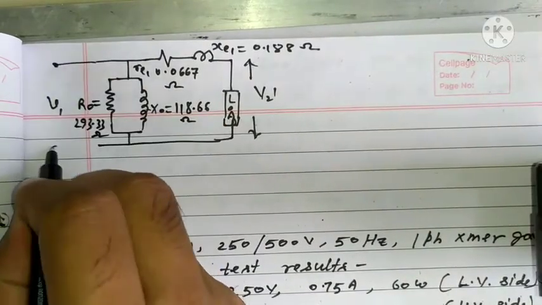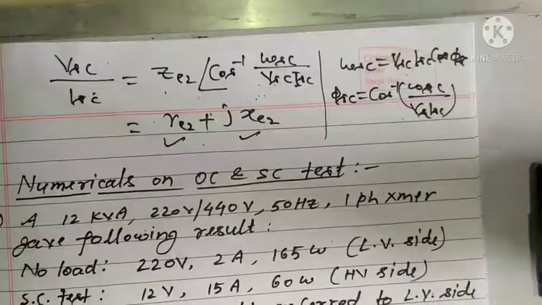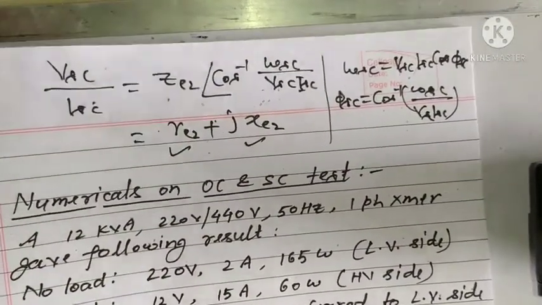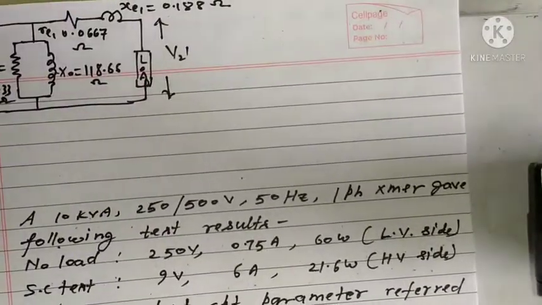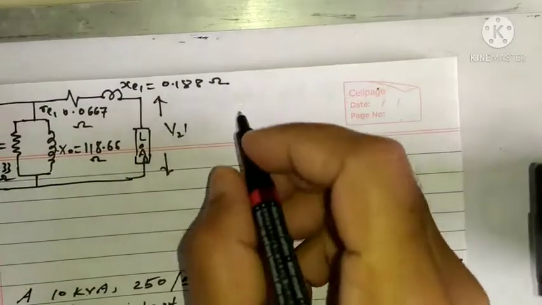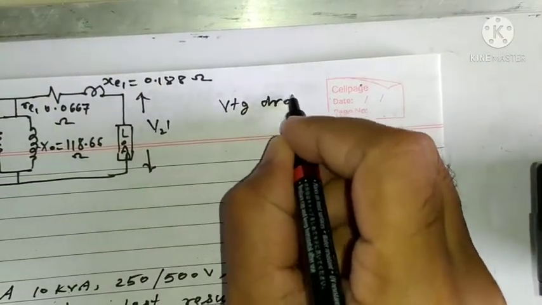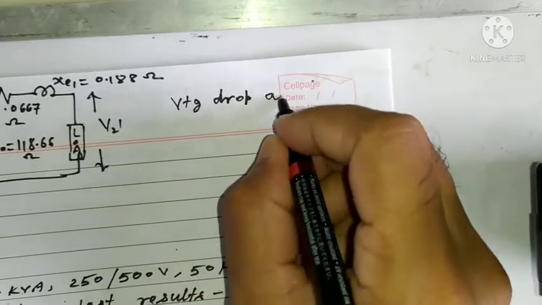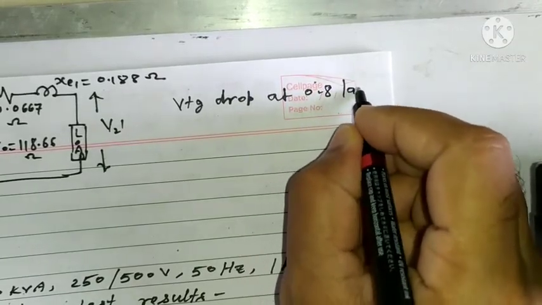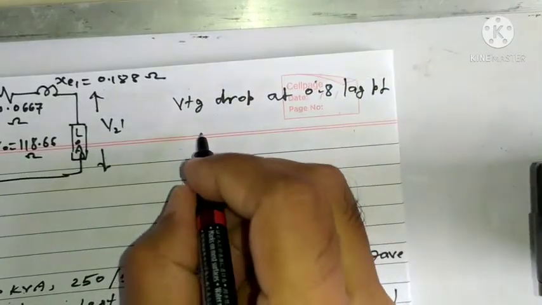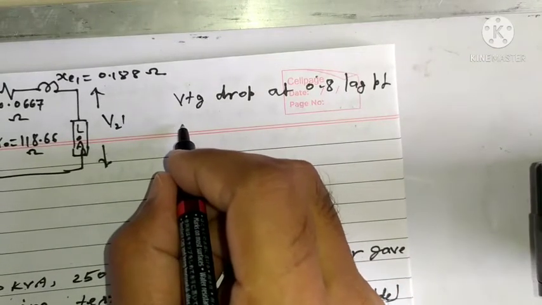Now what they are asking is to find the secondary terminal voltage on full load at 0.8 lagging power factor. So I need the voltage drop at 0.8 lagging power factor, which I can find referred on primary or secondary.